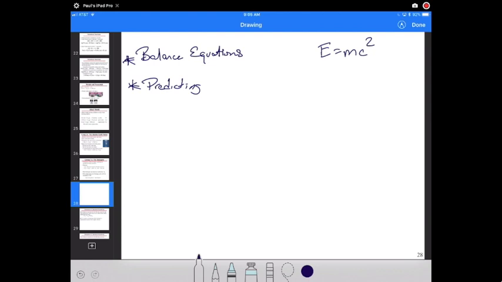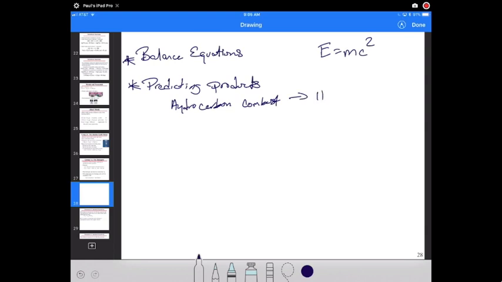The next concept that was big on this list was predicting products. Can you remember any equation that you have to predict the product for? Combustion. And it's the combustion of what? Of a hydrocarbon. So a hydrocarbon combusts and produces what?